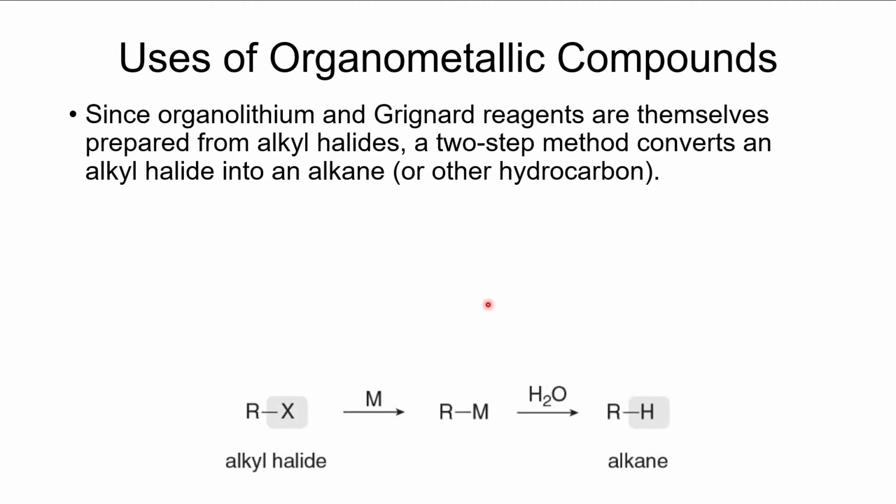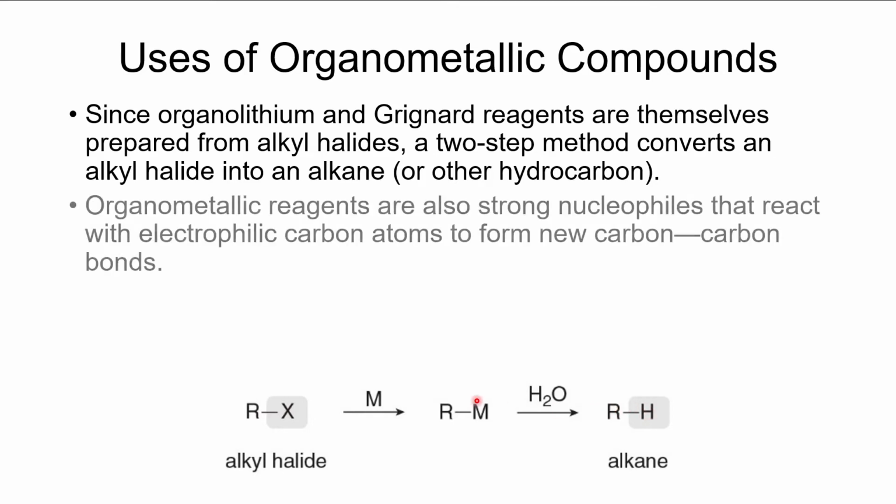All right, so let's say we've got an alkyl halide of some sort. That alkyl halide, we can use the metal to convert it into the organometallic reagent. And then we can convert that organometallic reagent into a hydride. In other words, we can replace the halogen with a hydrogen.